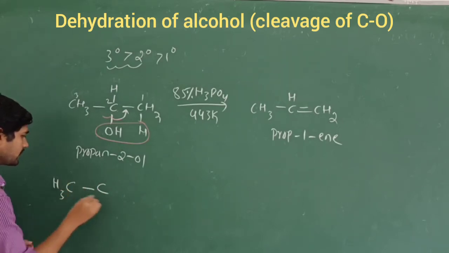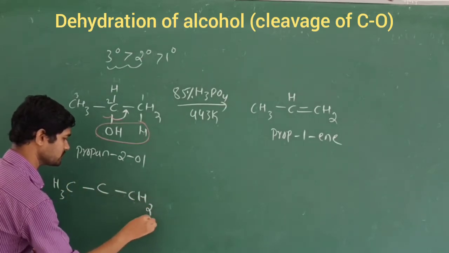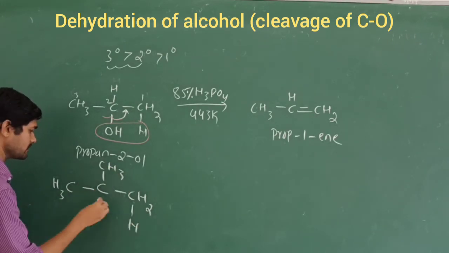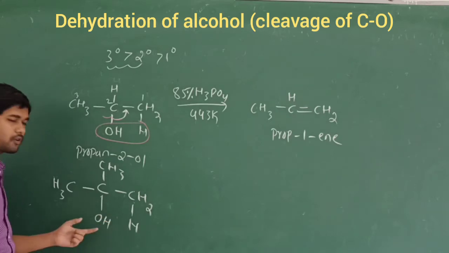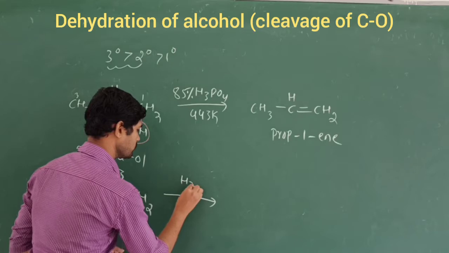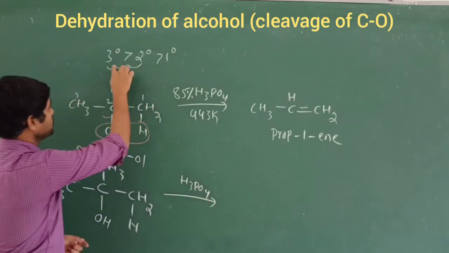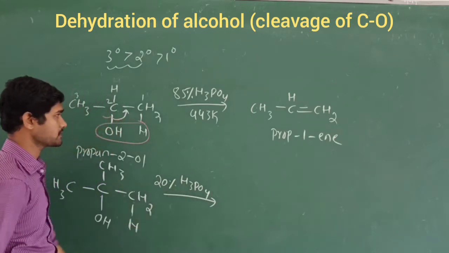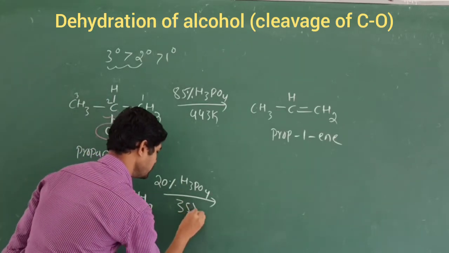Let's see the tertiary alcohol. A tertiary alcohol has three R groups attached here. It is (CH3)3C-OH, so this is called a tertiary alcohol. When it reacts with phosphoric acid, because of the order, it requires only a lower percentage, around 20% of phosphoric acid at 358 Kelvin.